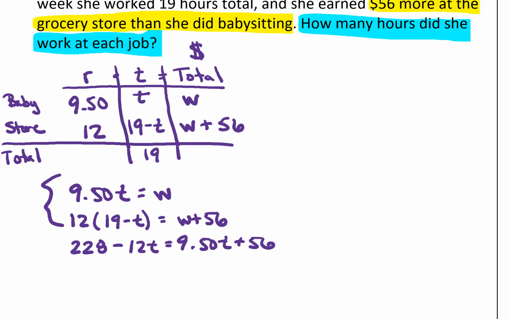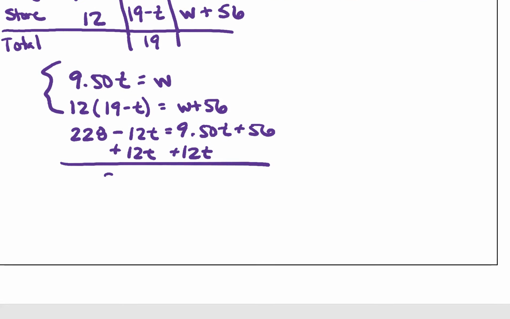So now combine our like terms. I'm going to add 12T to both sides. That's going to give us 228 equals 21.50T plus 56.